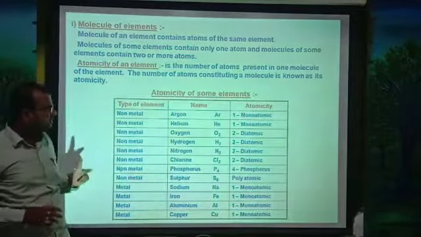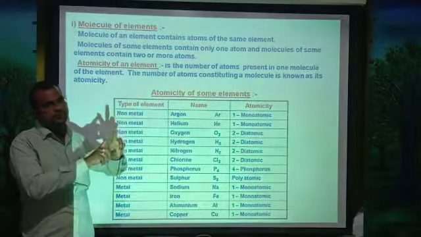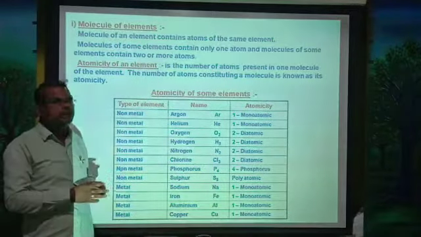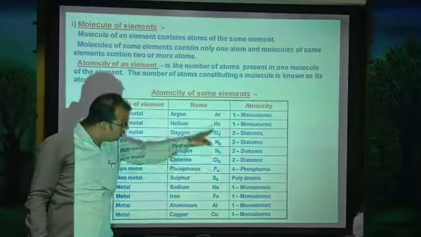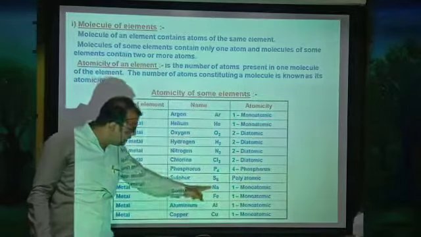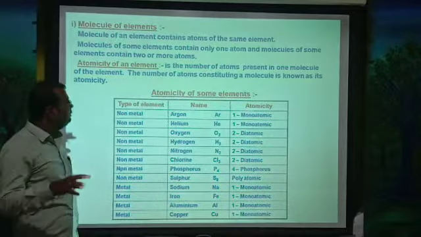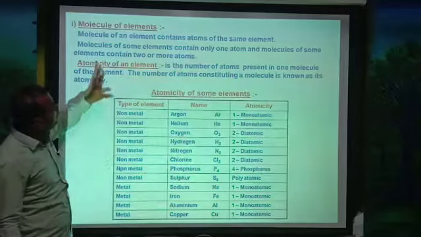There are two oxygens, O2. Two oxygen atoms bind together to form an oxygen molecule. You just see two here, two here, two here, and these are all non-metals. Sodium has only one atom. This is called atomicity.